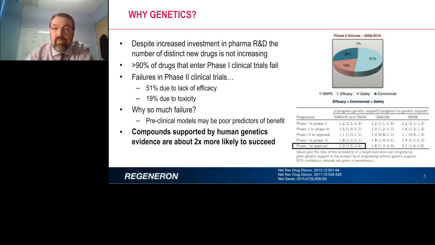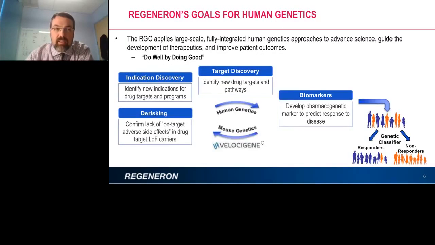So we feel at the Regeneron Genetics Center that genetics is the single best path to improving the outcomes for patients and improving the success of the drug development process. So this is really what has driven the pairing of a human genetics effort, namely the Regeneron Genetics Center, with Regeneron's history of great mouse genetics in our VelociGene platform that allows us to humanize mice and do various functional studies in the mouse in a rapid and accurate way.